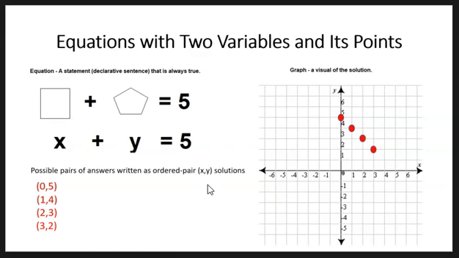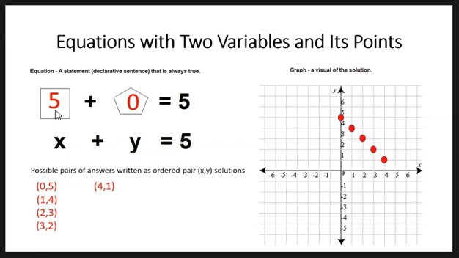There's more pairs. Another pair is 4, 1. Very different than 1, 4. Order matters. So when I write it as an ordered pair, it will be 4, 1. When I put it in the graph, the point will line up with 4 on the x and 1 on the y. Another possible pair is 5, 0.